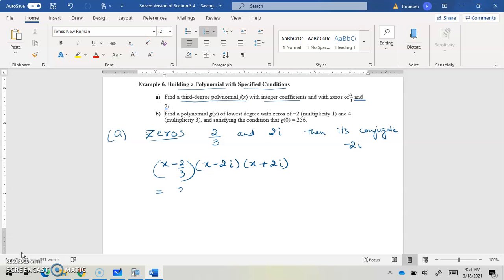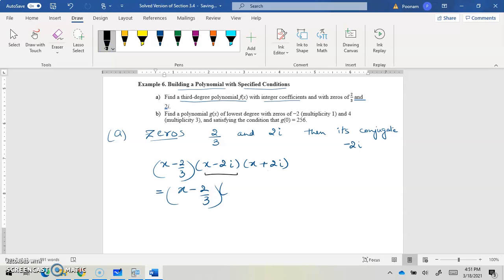Let's simplify them. x minus 2/3. If you multiply these two, you will get x square minus 2ix plus 2ix minus 4i square, that is using distribution, times x minus 2/3.